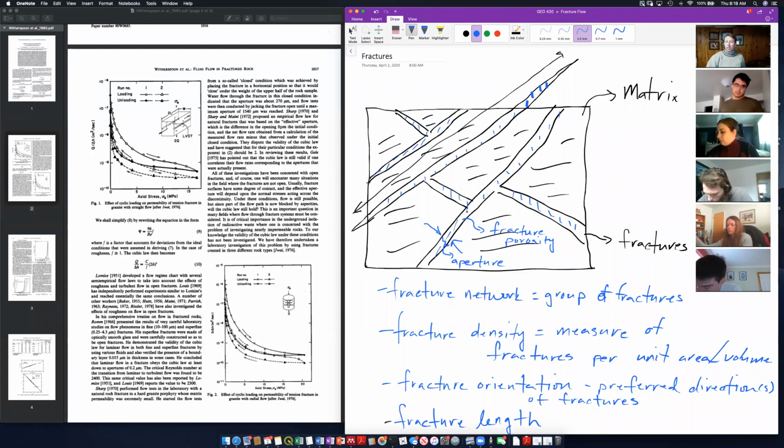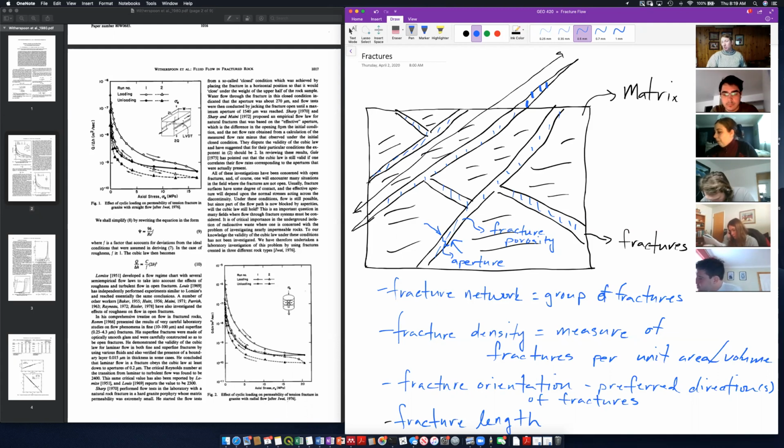But you will hear this term in the literature, fracture porosity. You have to intuit what they're talking about. It can mean one of two things. One is the porosity of the material inside the fracture. And fracture density and fracture porosity often get mixed a bit. If we are thinking about our entire assemblage of fractured rock, we might say, hey, this rock has this much fracture porosity in it.